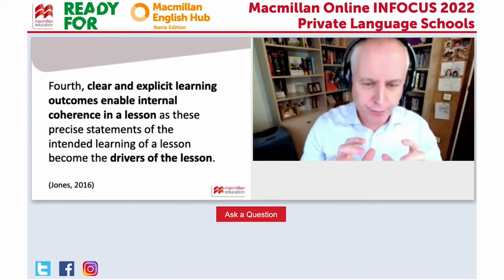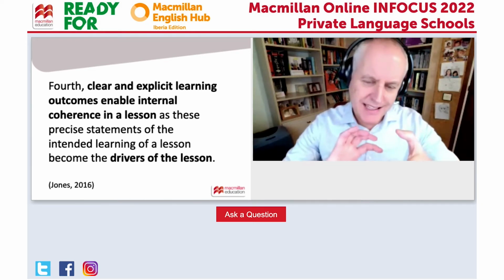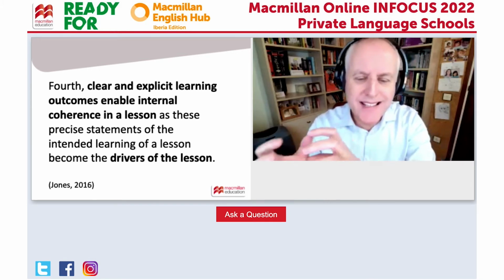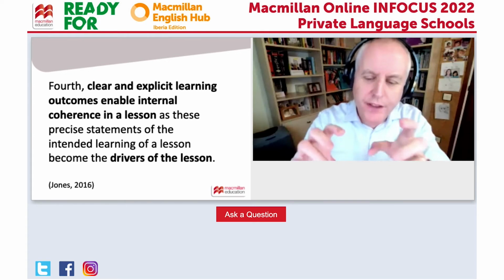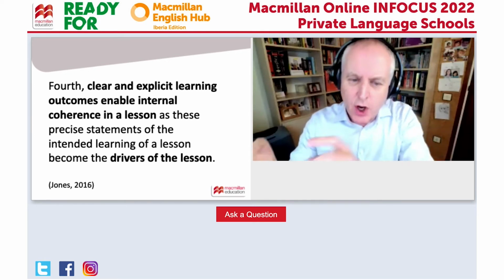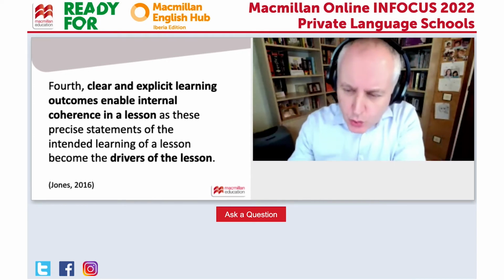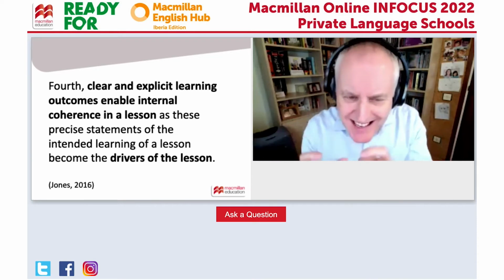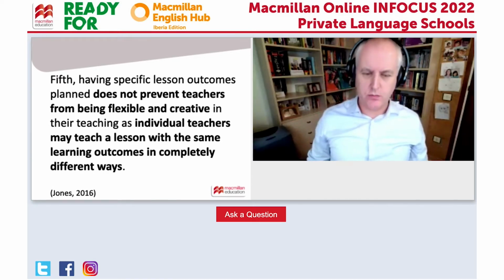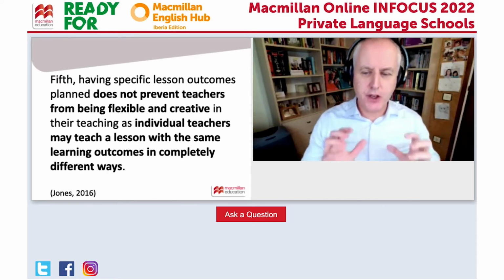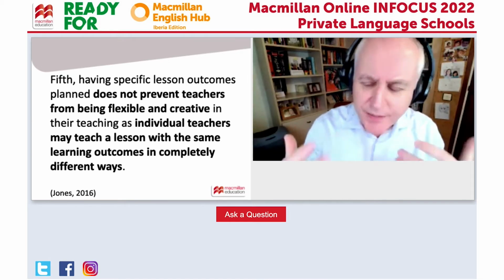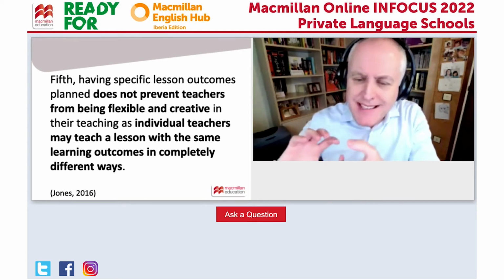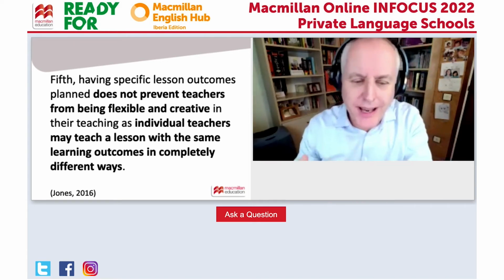Okay. And the fourth advantage is internal coherence in a lesson, so that these lesson outcomes are the drivers of the lesson, not the resources, not the materials, these outcomes. This is fundamental. And the fifth is that some people say, oh, but having these lesson outcomes limits flexibility and creativity.